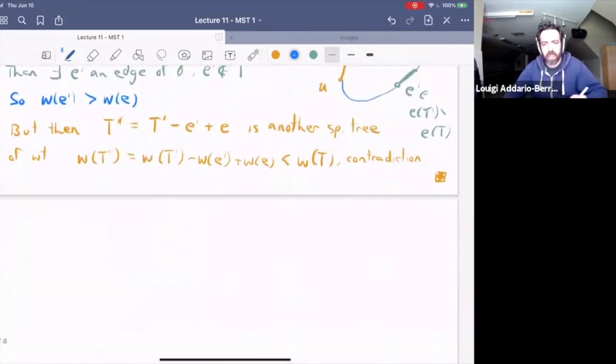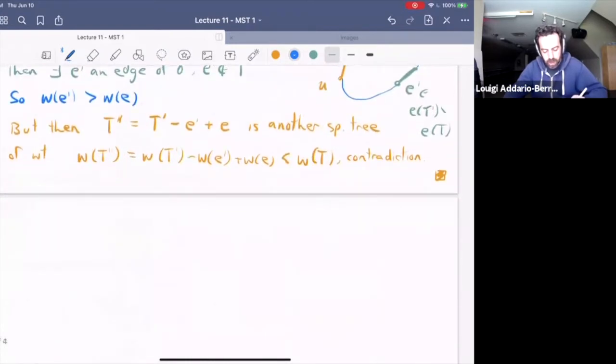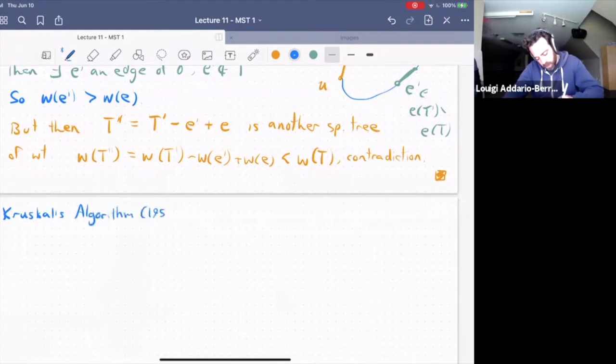I'll describe and then we'll use three different procedures for building minimum spanning trees. The first one I'll tell you about is a sort of globally greedy procedure called Kruskal's algorithm, which goes back to 1956.